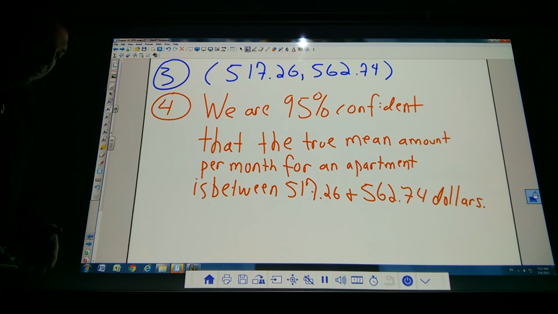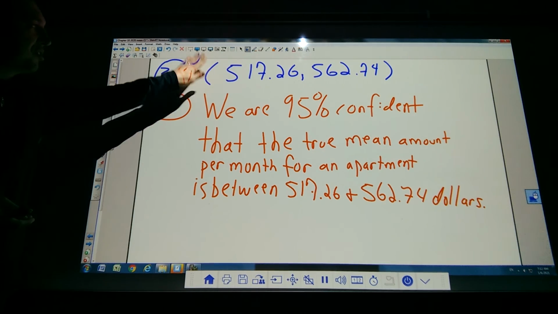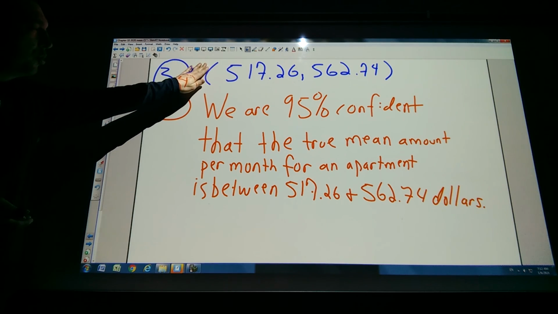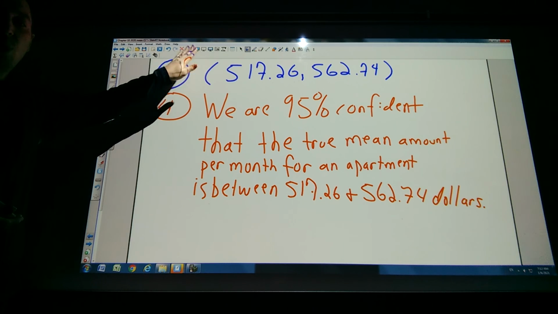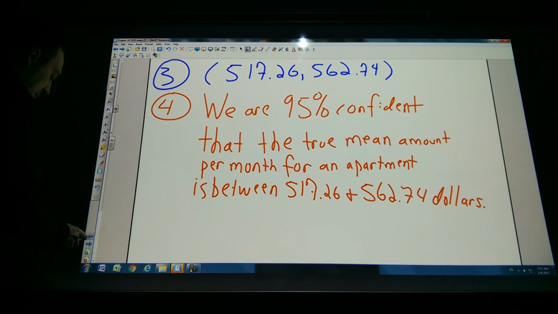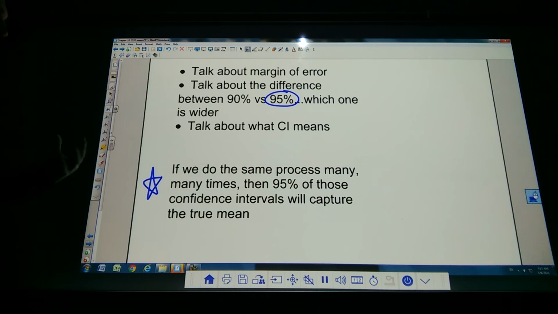We take a sample of 50 and we make a confidence interval on our calculator, then 95% of those confidence intervals will capture the true mean. I'll go back to it. 95% of those confidence intervals will capture the true mean. I'll keep going over that a lot.